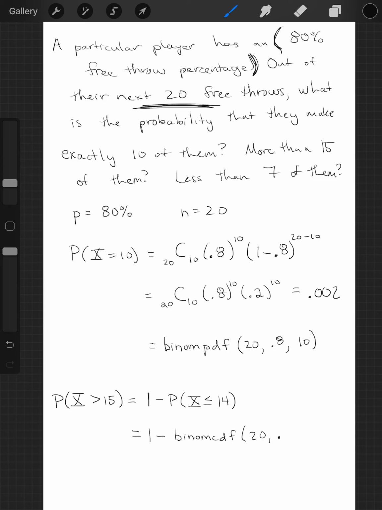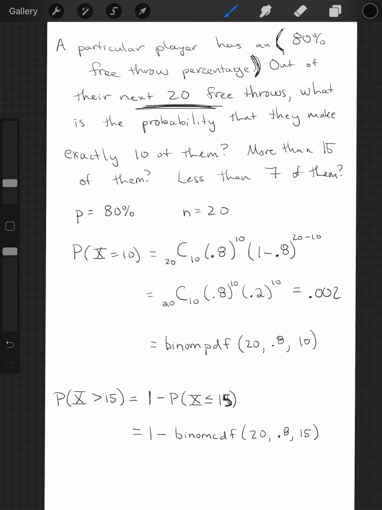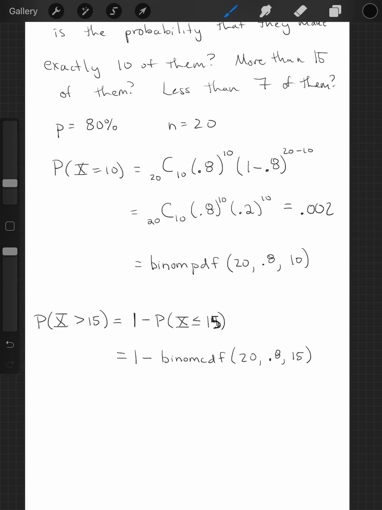So this would be 1 minus binom CDF, same n, same p, and, oops, that shouldn't be 14, that should be 15. Because if you're not strictly greater than 15, you're less than or equal to 15.